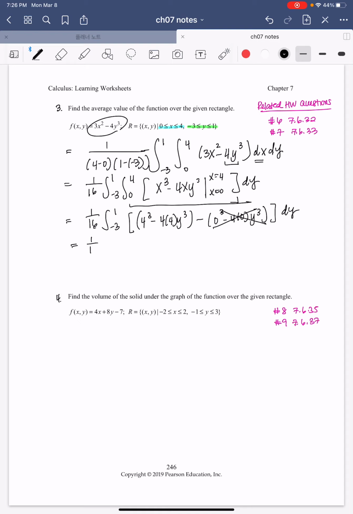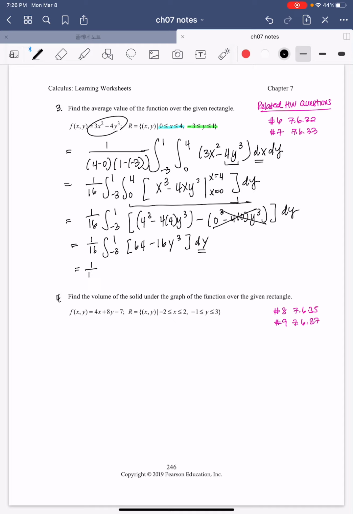So 1 over 16, negative 3 to 1. This part over here, 4 cubed is 64. Second term, 16y to the third power dy. Easy integral, term by term, with respect to y this time.